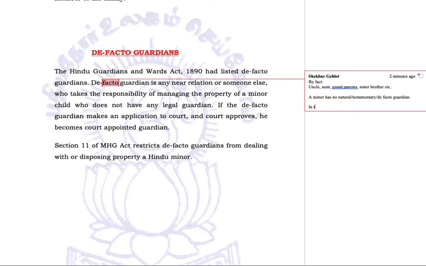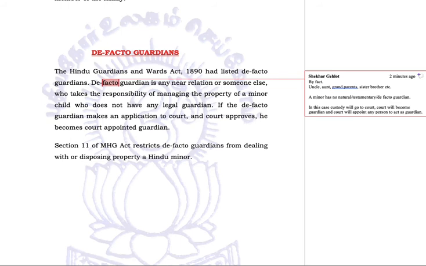In such case, court will become the guardian of such child, and court will appoint any person.